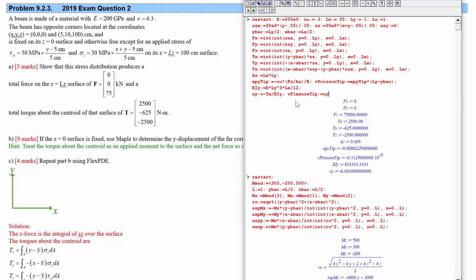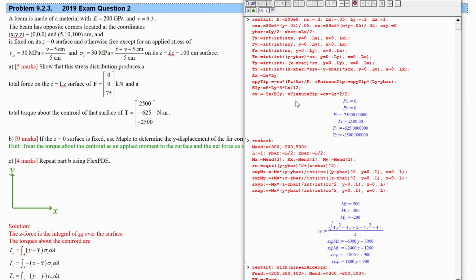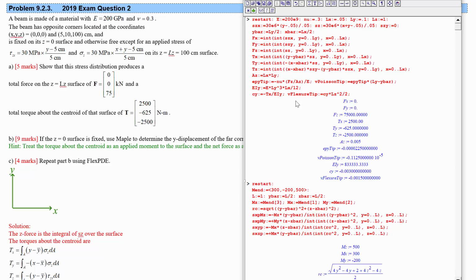So this will be Cy times Lz squared over 2 after we substitute in. So there's the displacement at the tip from flexure. It is 1.5 millimeters in the negative direction. So the Poisson displacement was negligible, not surprising since this beam is much longer than it is thick.